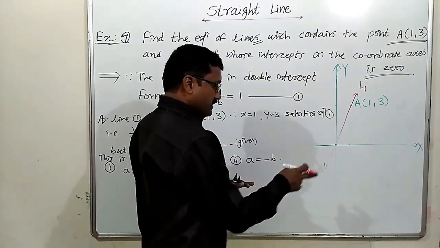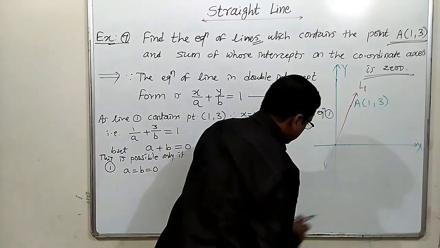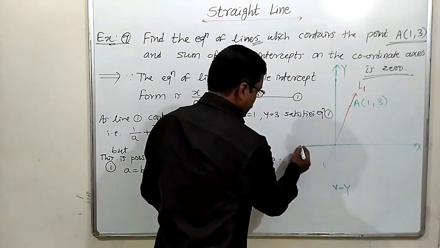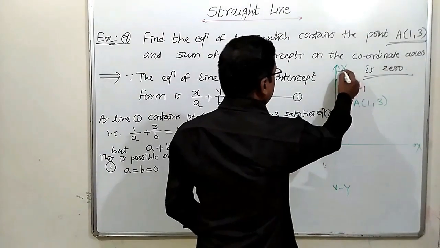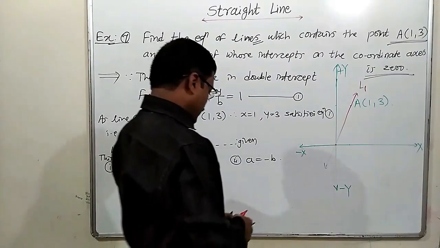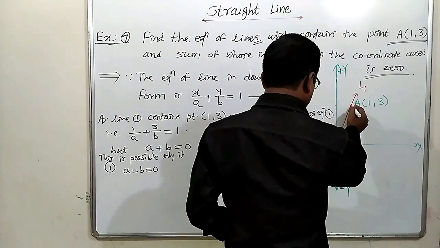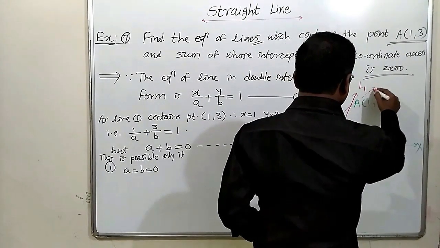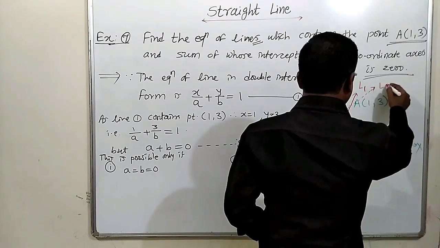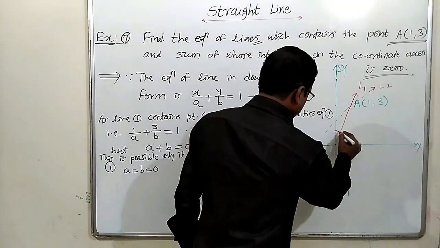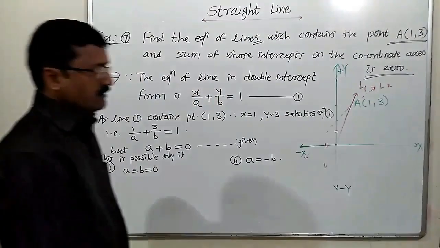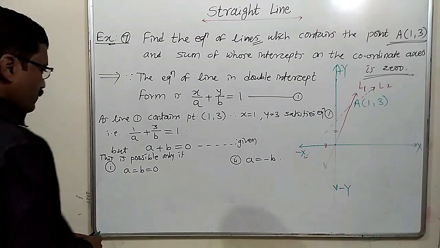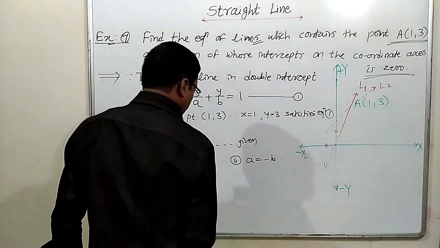But it may be possible for negative x-axis and positive y-axis, because the line may be like this, which makes equal intercepts here. So a = -b.